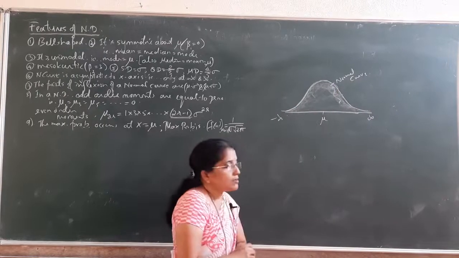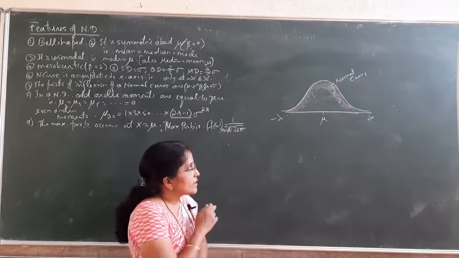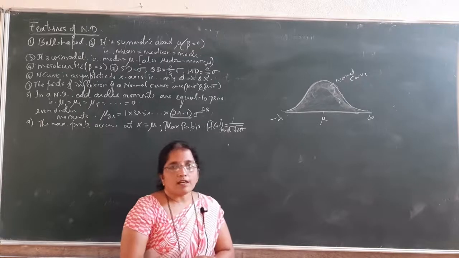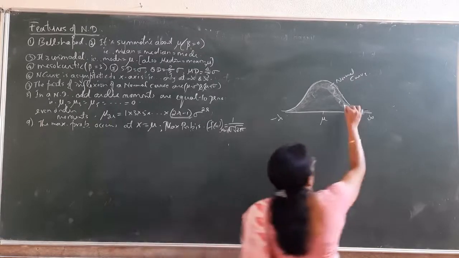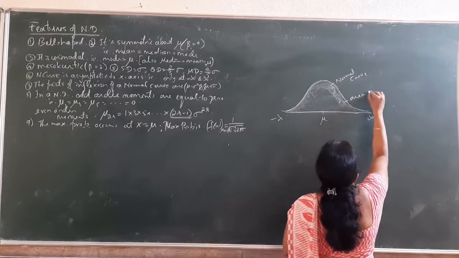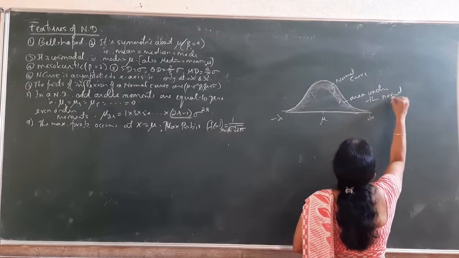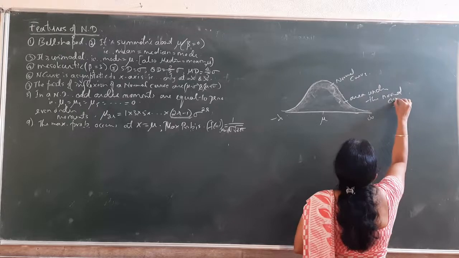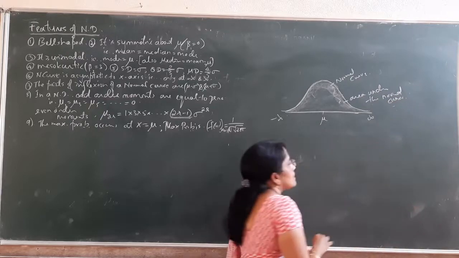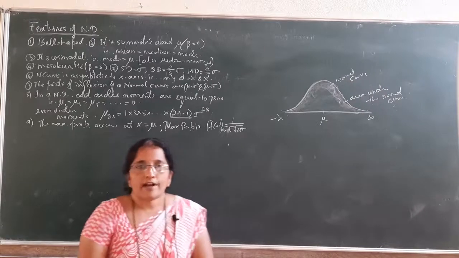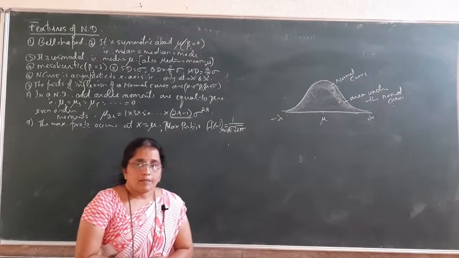The region between the normal curve and the x-axis that I shaded is called the area under the normal curve. Now, this area under the normal curve is considered as 1. Why?